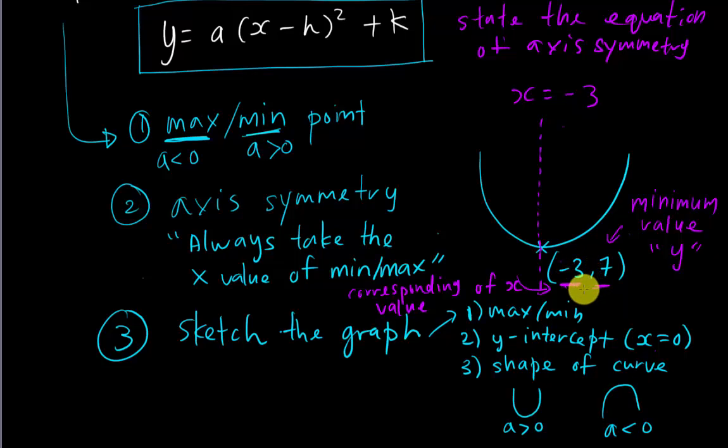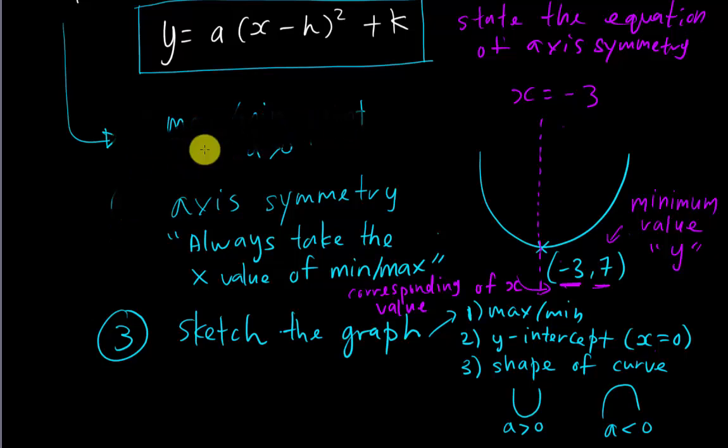So this is the purpose of completing the square. However, let me tell you a little more about completing the square, because I prefer to show you an example to make you understand better.